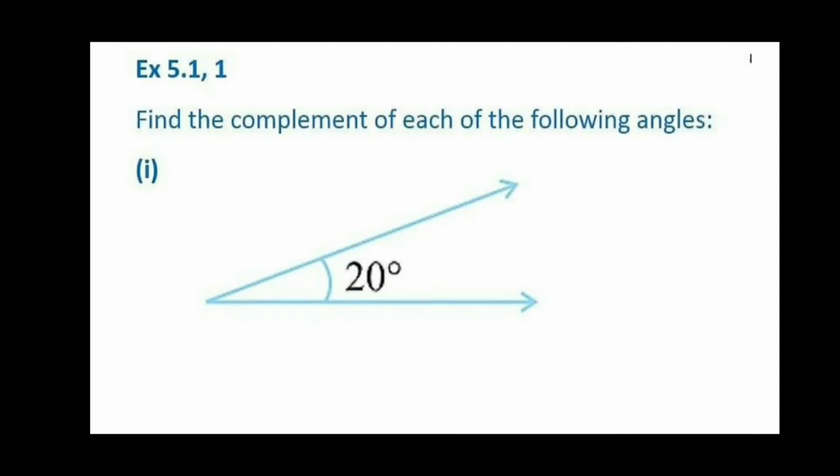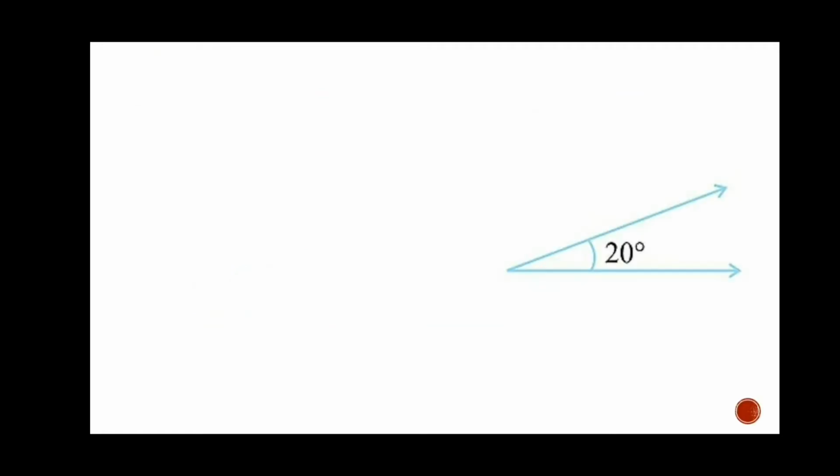So the first question given in this exercise is find the complement of each of the following angles. So the first angle given is 20 degree. We need to find the complementary angle of this 20 degree. So let's see. We know that if two angles are complementary, their sum is 90 degree.